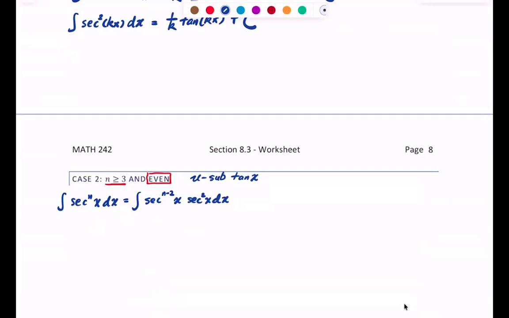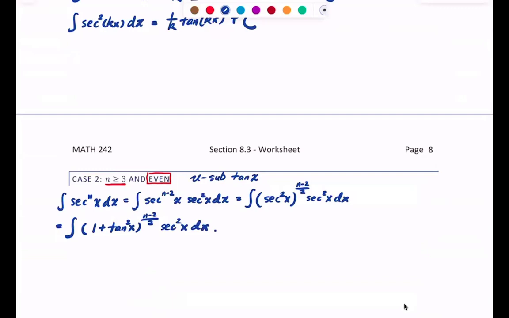Okay, so at this point, n minus 2 is still even. So we convert the rest of that to tangent. Okay, secant squared is 1 plus tangent squared. Okay. And u sub tangent is set up.